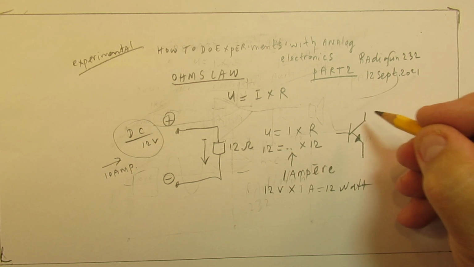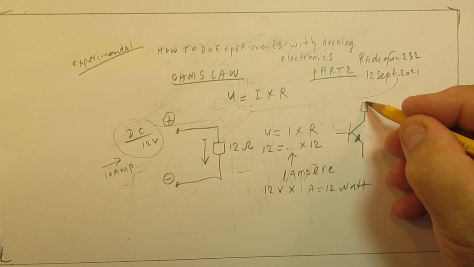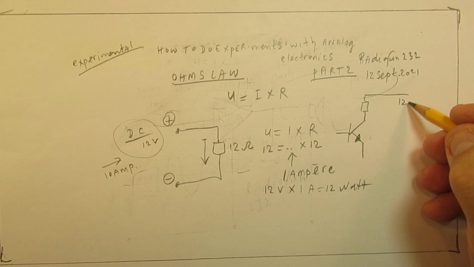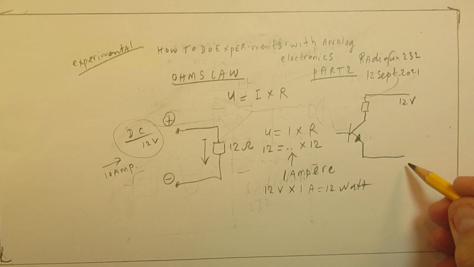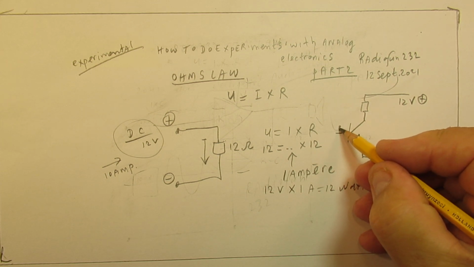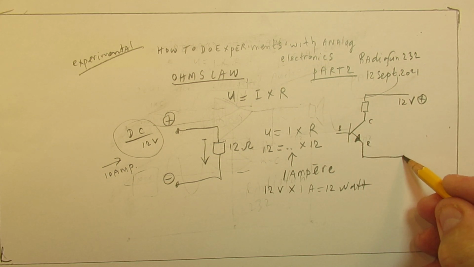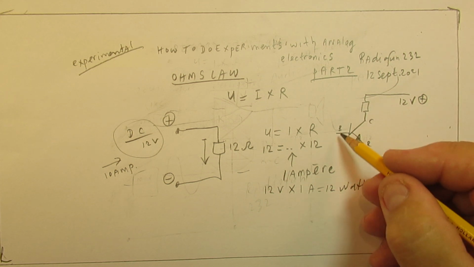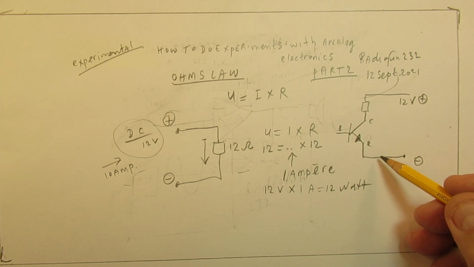We take here a more or less normal bipolar transistor, 12 volt, ground plus positive. It's an NPN transistor, so here we have the base, the collector and emitter. Here's the minus.